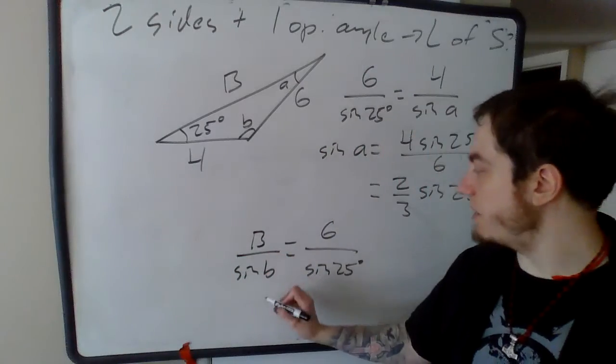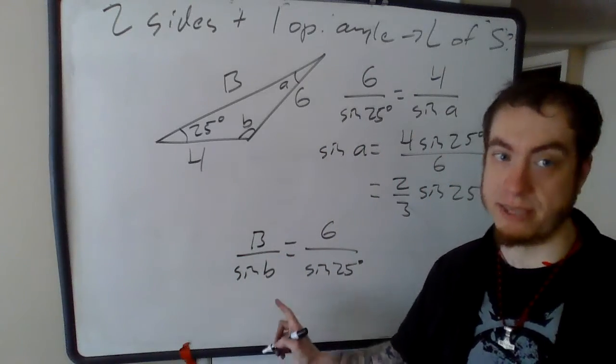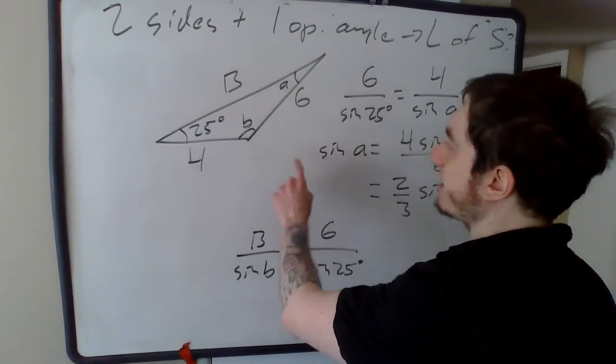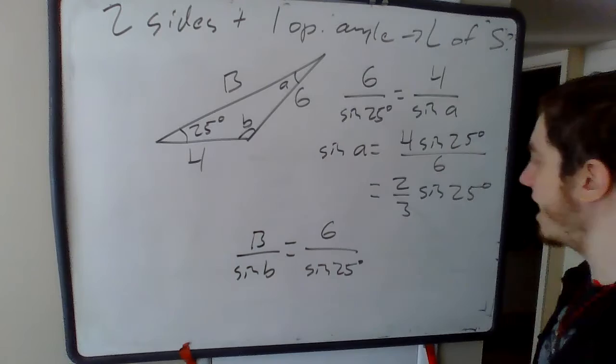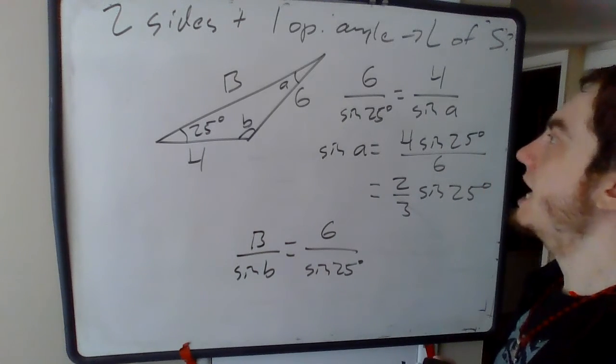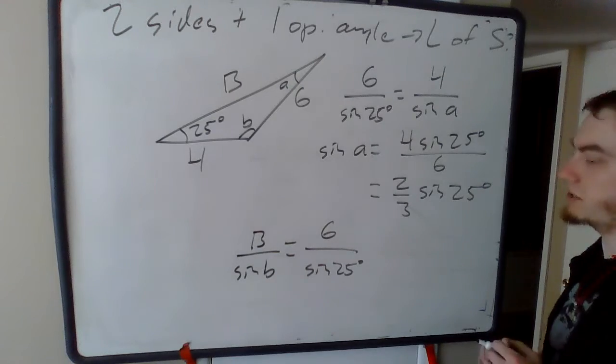And I can solve for b once we know little b, the angle. Okay, so once I have figured out little a, the angle, I can figure out little b, the angle. I will let you guys plug that in since I don't actually have a calculator here with me, and I will leave it to you guys to deal with that.